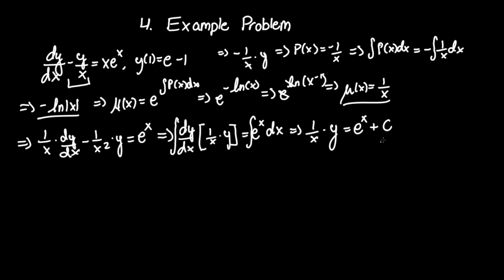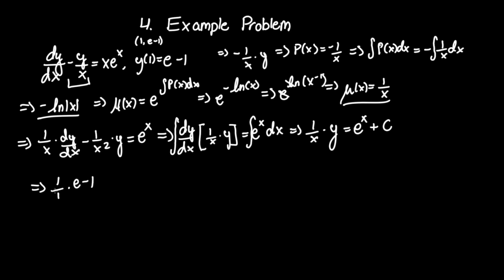So I think now is a safe time to plug in the y of 1 equals e minus 1 to find c. Meaning the initial point is 1 comma e minus 1. So let's keep that in mind. So we can see here a 1 over x, that becomes 1 over 1, times y, where y is e minus 1.